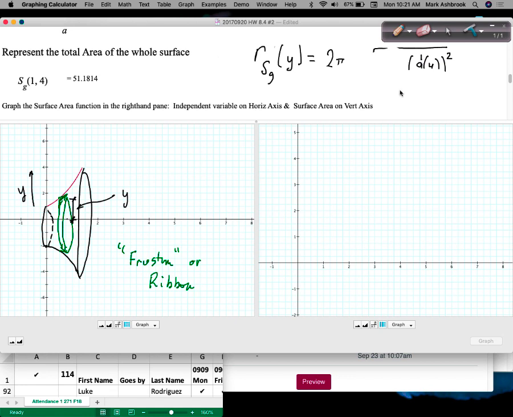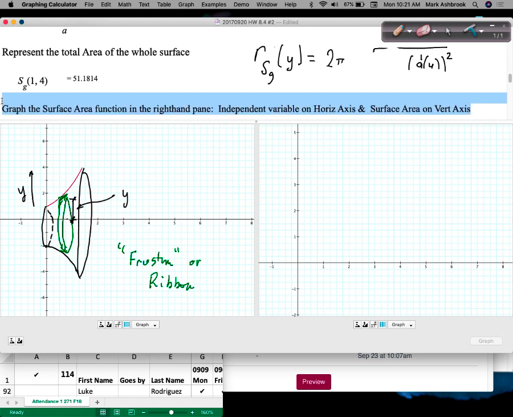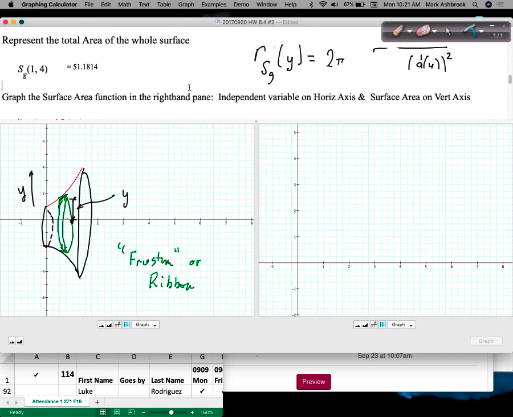Okay, so can you write down what I should write in GC to graph that, and then predict what the graph will look like? So I'm going to graph the surface area function on the right-hand pane, independent variable on the horizontal axis, surface area on the vertical axis.